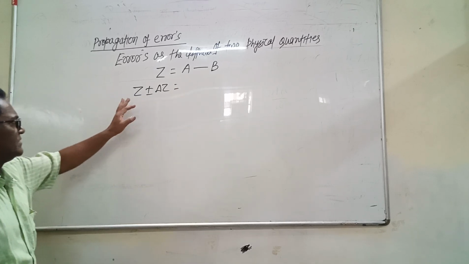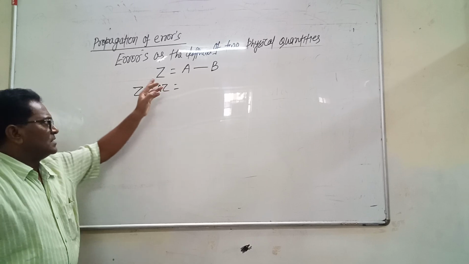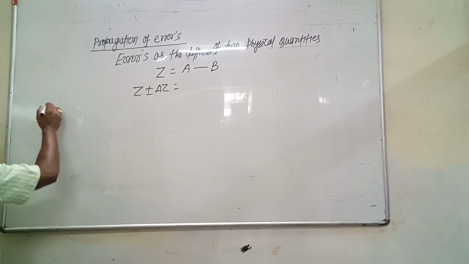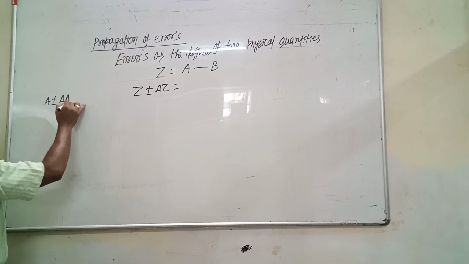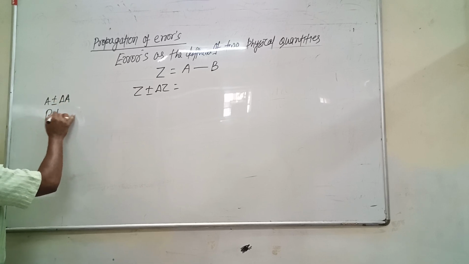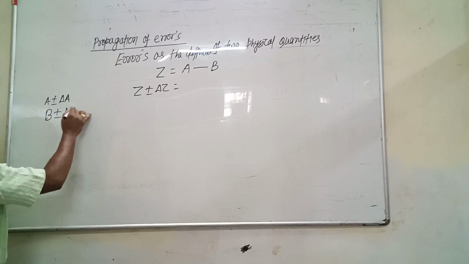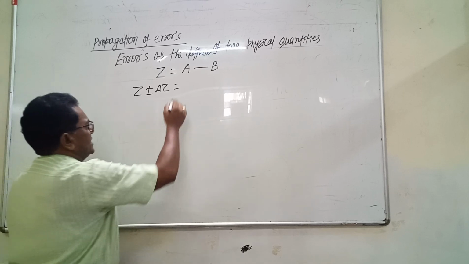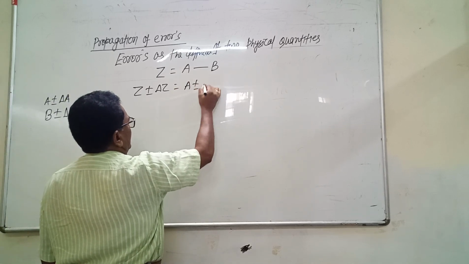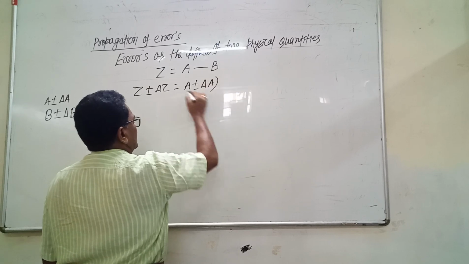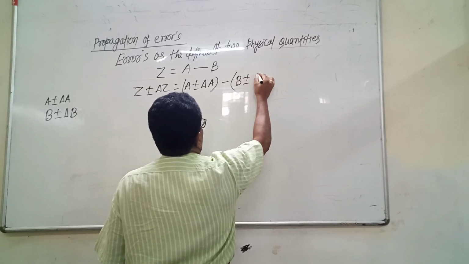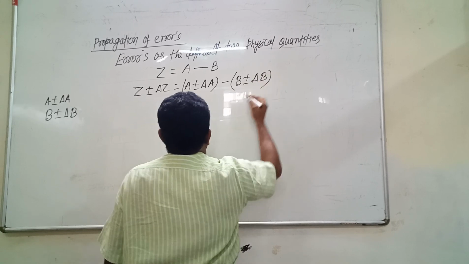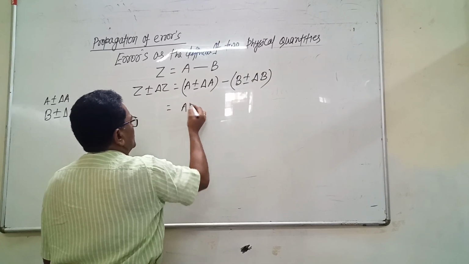Previously we have seen that the physical quantity A is written as A plus minus delta A, and the physical quantity B is written as B plus minus delta B. So A is written as A plus minus delta A in terms of errors, and B is written as B plus minus delta B. Now remove the bracket.